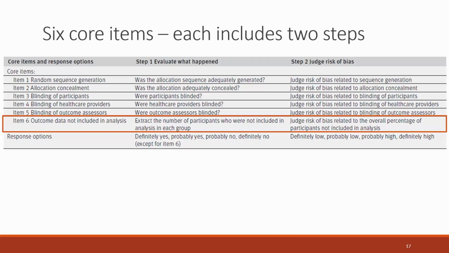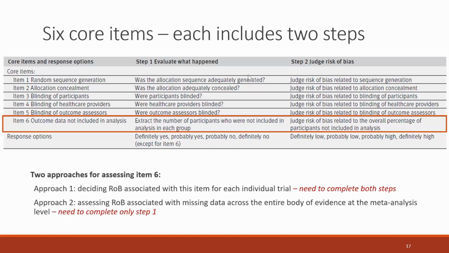And so there is also then a number of participants probably excluded from the analysis. Again, there are these two steps. So what happened actually is, just extract the actual number of participants that were not included in the analysis as far as this is available, and then make a judgment about the risk of bias.